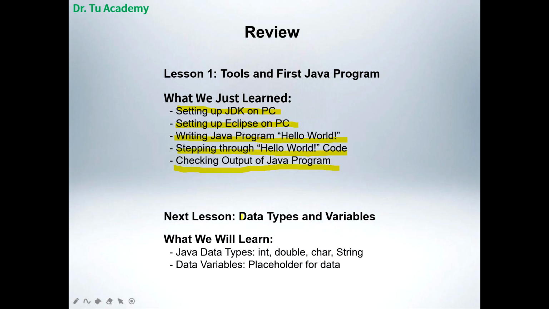Next lesson will be data types and variables. We will learn how to use Java data types such as integer, double, char, string, and what data type variables are, a placeholder for data.